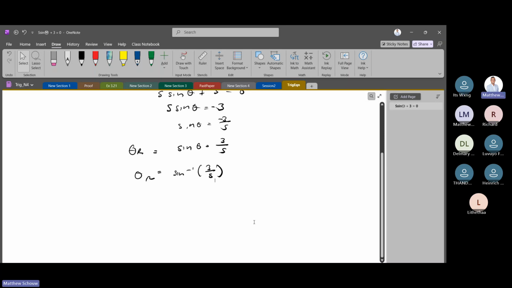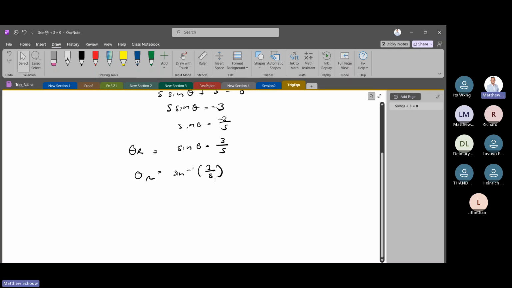Okay, perfect. Let me just go to my calculator and get that value. If you don't know how to find it on the calculator, please let me know, so I can show you. That's going to be shift, sine, again, 3 over 5.